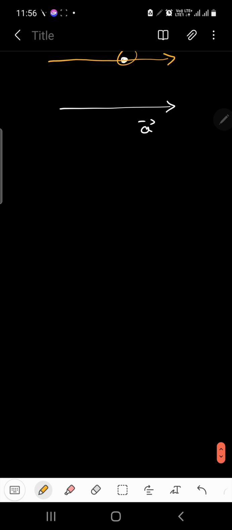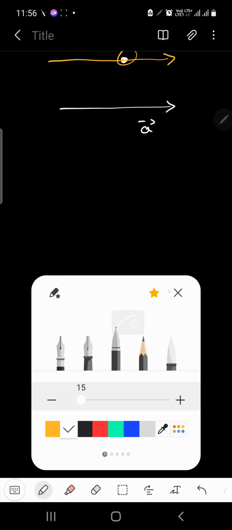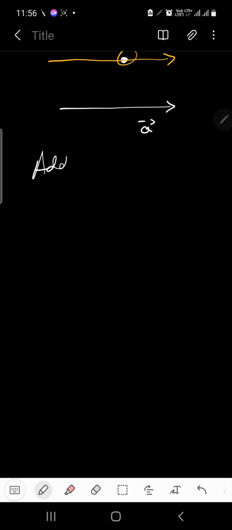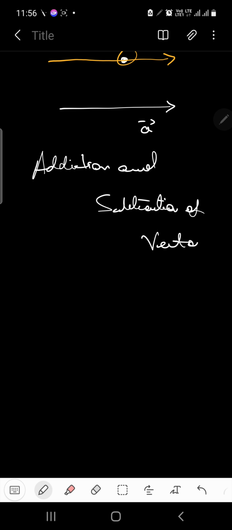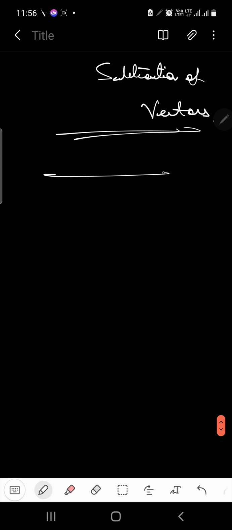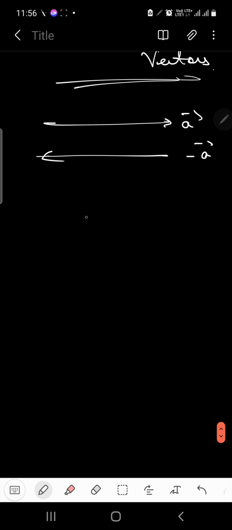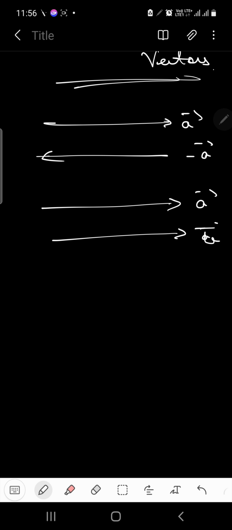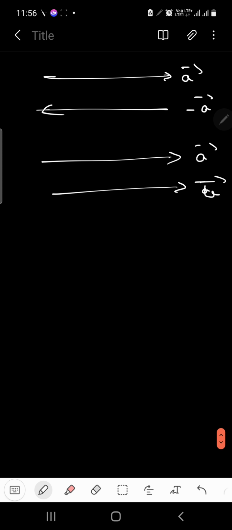Now we talk about addition and subtraction of vectors, that is, the triangle law of addition. Addition of vectors, if parallel to each other, we go by algebraic addition. Clear? See, if this is a vector, then this is minus a vector. Or you may consider it like this: if this is a vector and this is b vector, since they are parallel, we can add them like this to get a vector parallel to them.